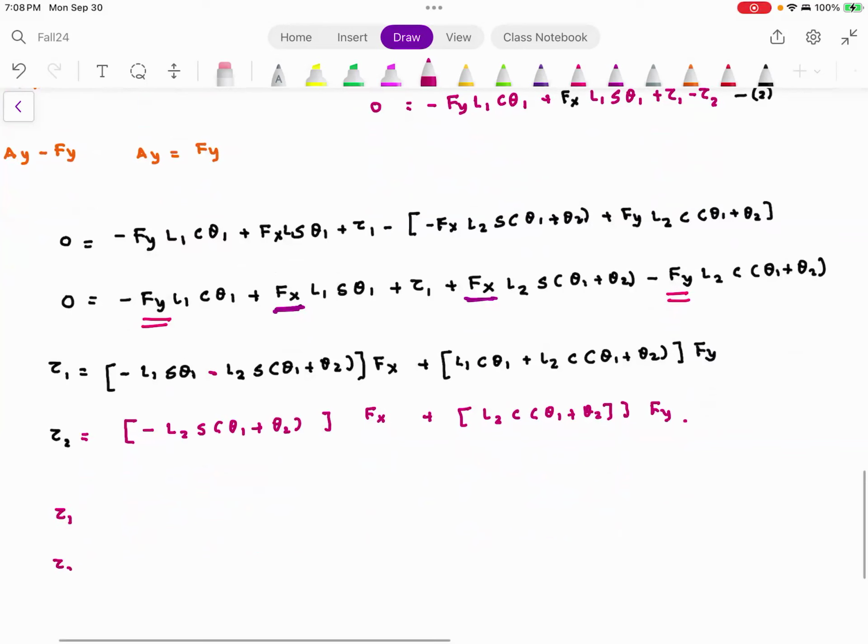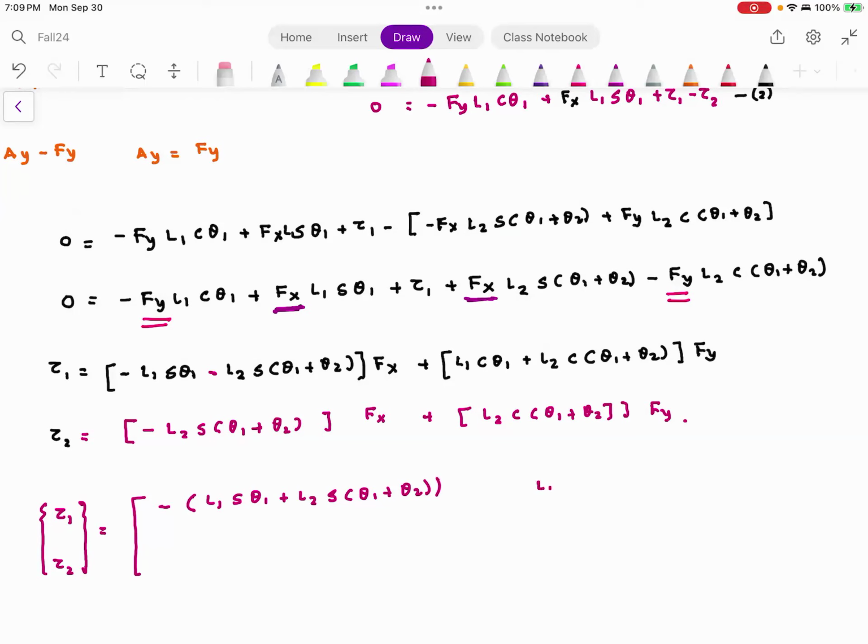Tau 1, tau 2 is equal to minus L1 sine theta 1 plus L2 sine theta 1 plus theta 2, L1 cosine theta 1 plus L2 cosine theta 1 plus theta 2, minus L2 sine theta 1 plus theta 2, L2 cosine theta 1 plus theta 2. Are you with me so far? F of x, f of y.